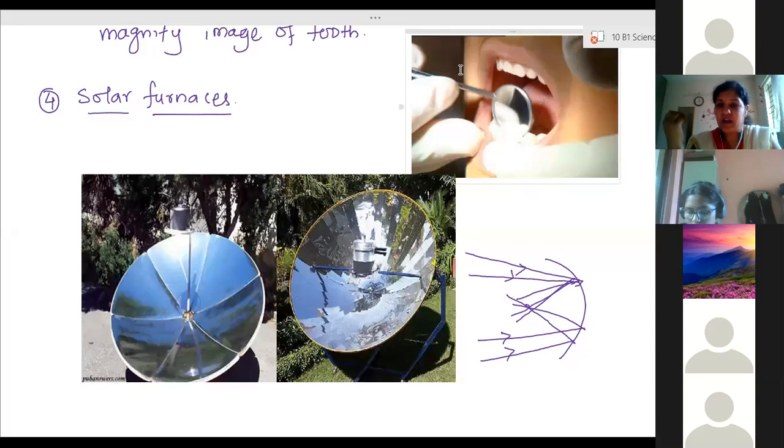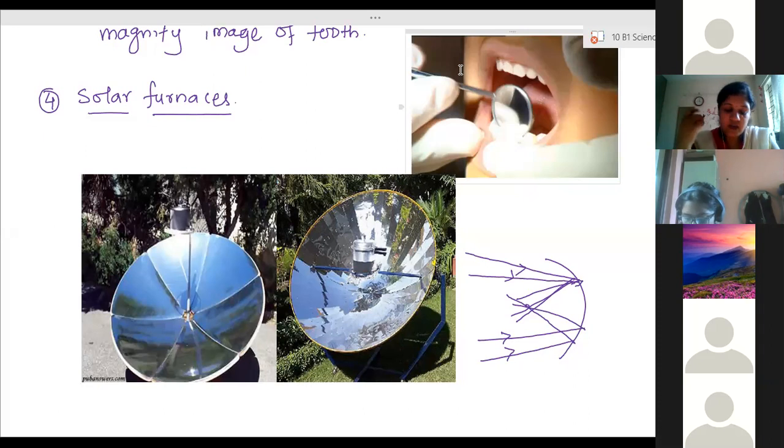Dentists use it for magnifying teeth, and ENT doctors use it for the throat as well as the ear, so they can enlarge and see. And then solar furnaces and solar equipment. Designing of solar equipment is based on this concave part. Wherever they want to absorb heat energy, sunlight, they use solar concave-shaped structures.